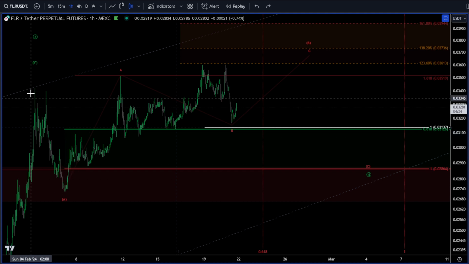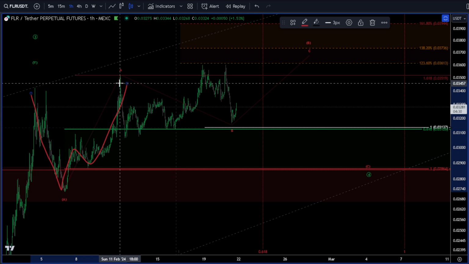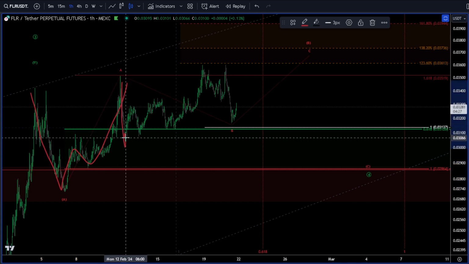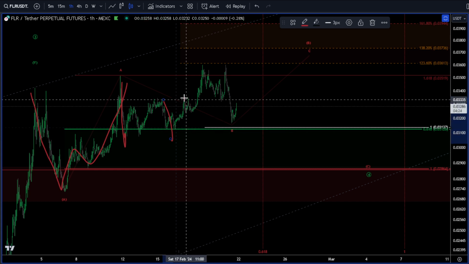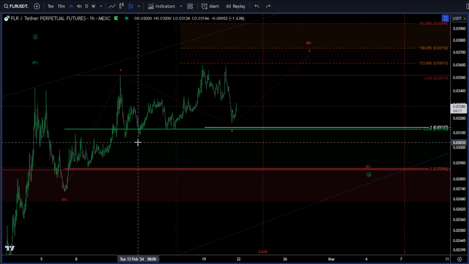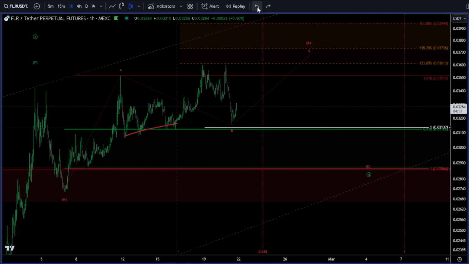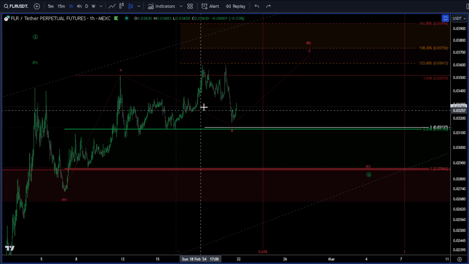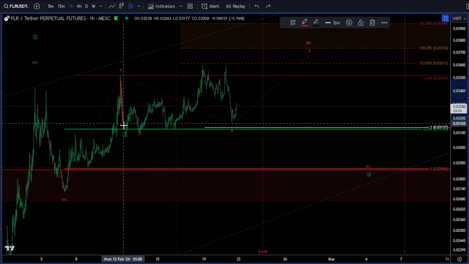I was looking at this, just looking at the shapes, right? We have 3 waves to the upside. This is not complete, obviously, here. We didn't make a lower low here, not complete. Possibly a triangle, but very, very ugly. I think it's the lowest probability that this is some sort of triangle. Just doesn't fit properly. None of the guidelines work. So most likely, this is a 3-wave zigzag.